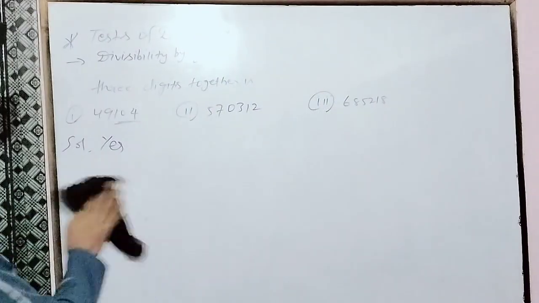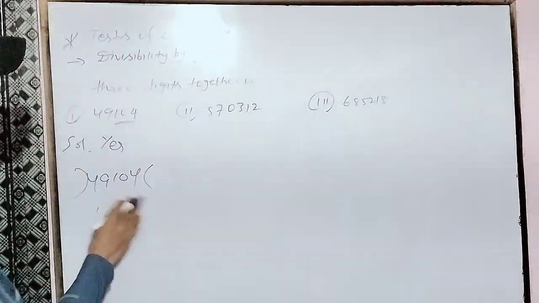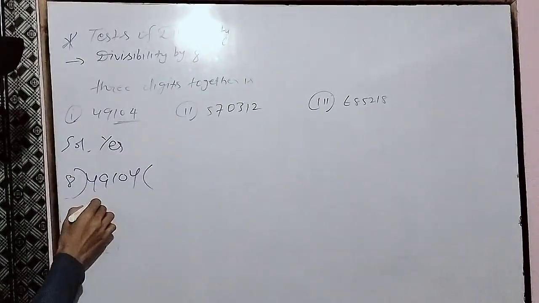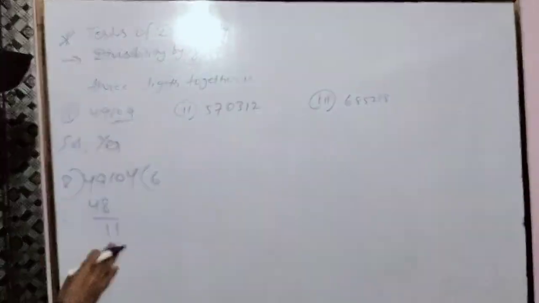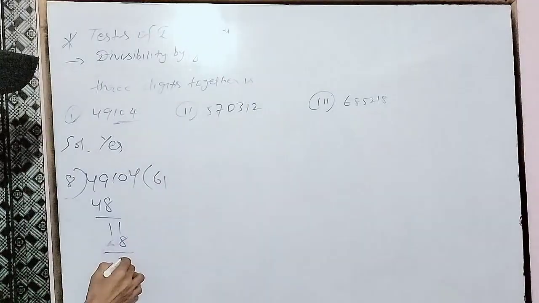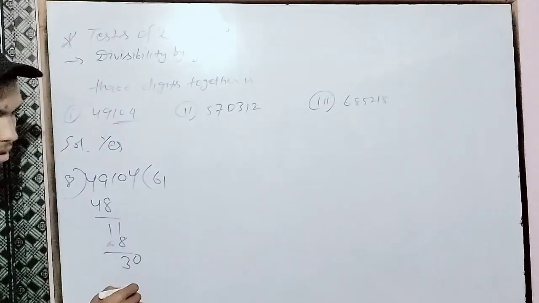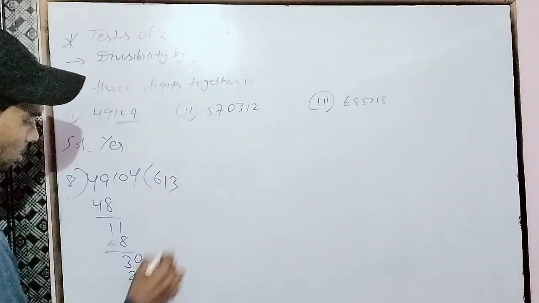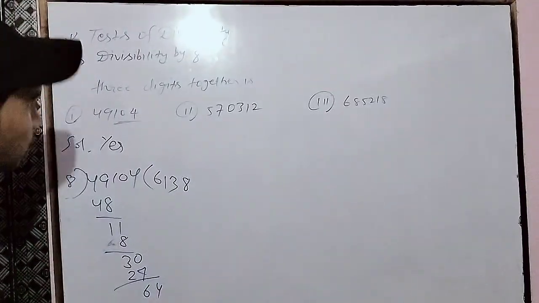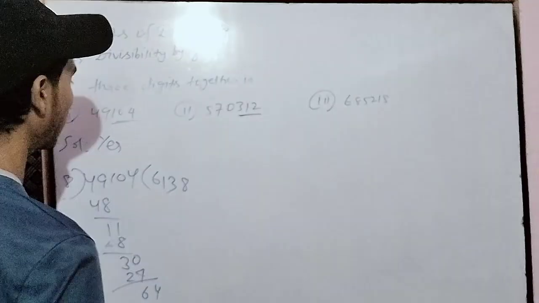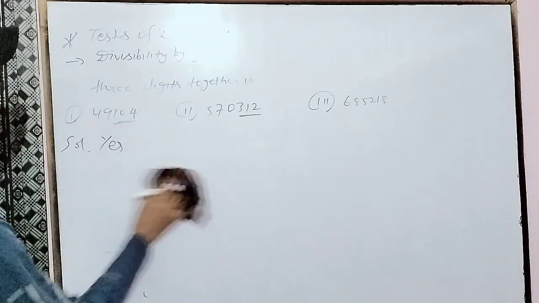Here we are going to check whether 49104 is divisible by 8. Just we need to observe these 3 digits, and if together they are divisible by 8, then the number will be divisible by 8.